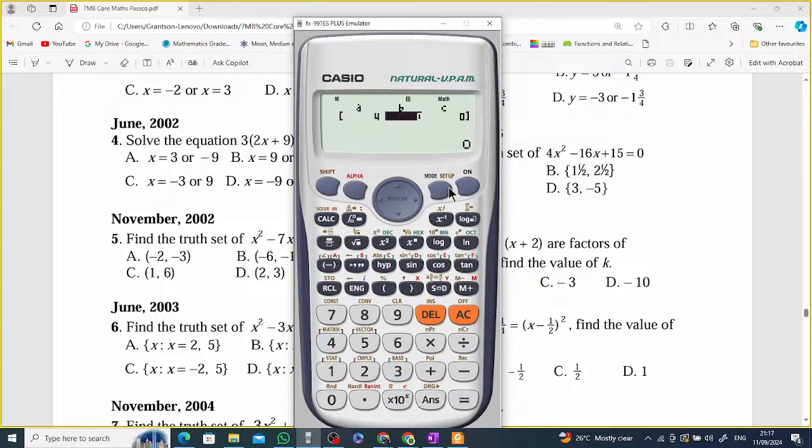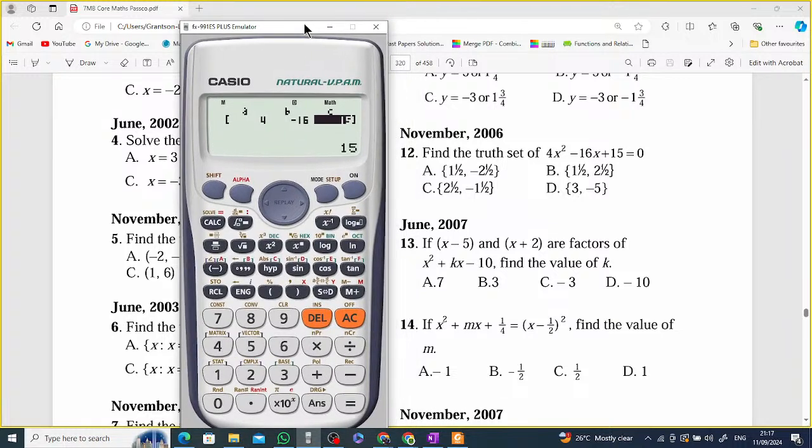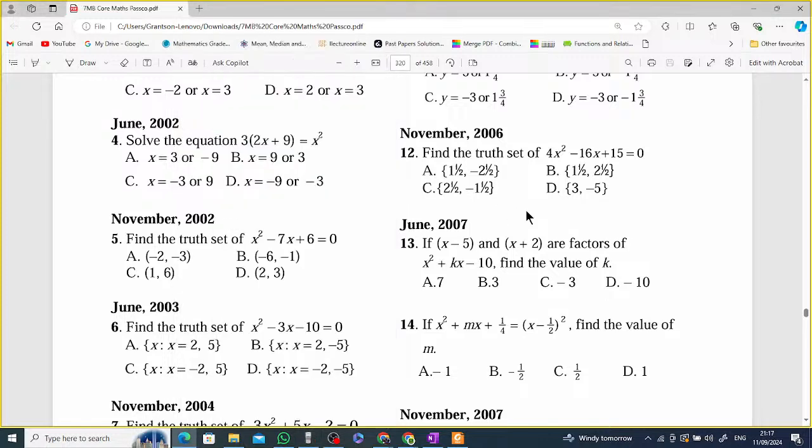Then you press 4, -16, and 15. Which question are we doing? Question 12. The answers are 5 over 2 and 3 over 2. So you just change them into decimal form, 2.5 and 1.5. Simple.